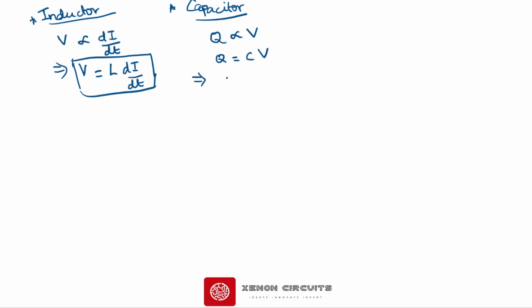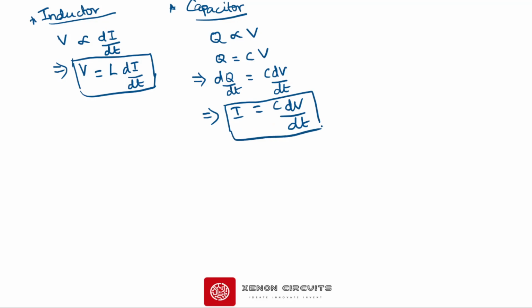If we differentiate on both sides, this becomes dq by dt equal to C dv by dt. dq by dt is nothing but the rate of change of charge, which is current, right? So I is equal to C dv by dt. This is the relationship between current and voltage across the capacitor.